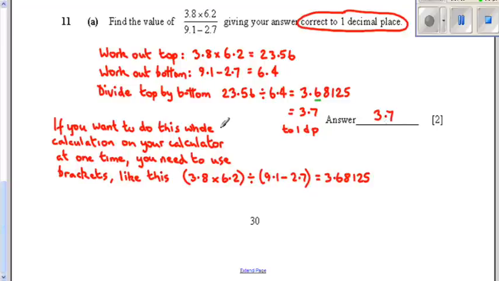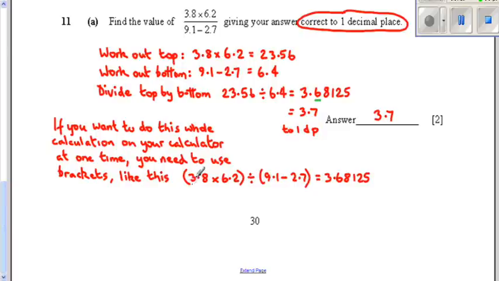Some of you might want to do this whole calculation on your calculator, but you need to be careful, because if you want to do it all at one time in your calculator, you have to remember to put brackets in to tell the calculator that you want it to work out 3.8 times 6.2 first.